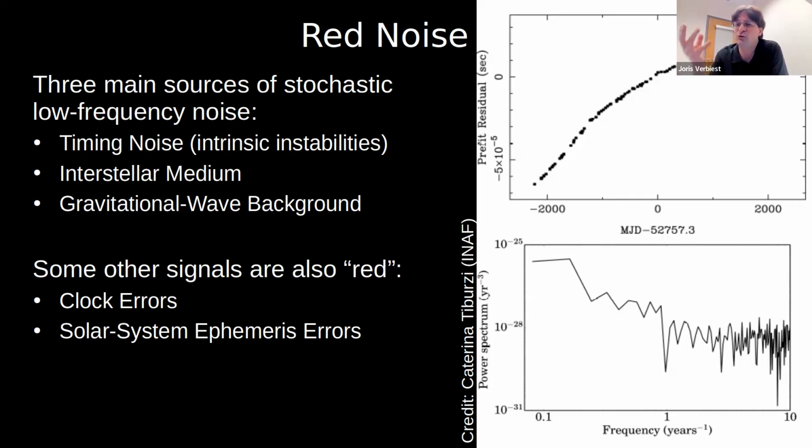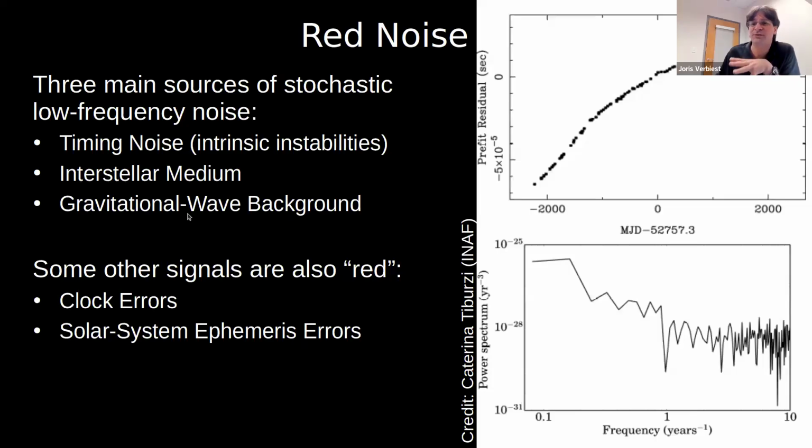And due to the variation in orbital periods of these supermassive black hole binaries and the distribution of these objects in space, and therefore their distribution in amplitude, we expect that signal also to add up to a red noise spectrum, so that the lowest frequency sources, there's most of them, and therefore they add up to the most power. At higher frequencies, there's fewer of them, they're further away, and so they add less power. And so you end up with this typical low frequency power spectrum.